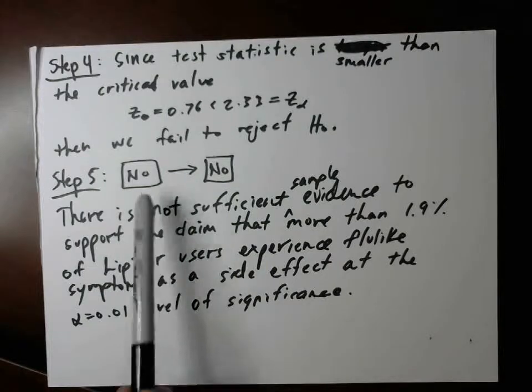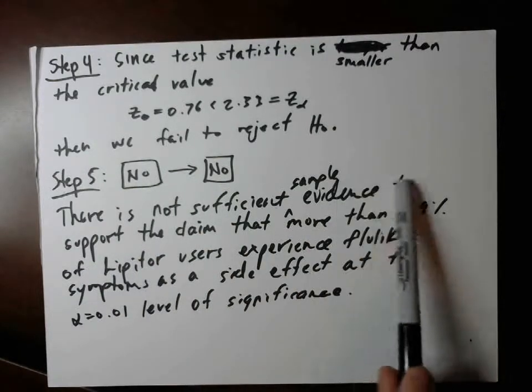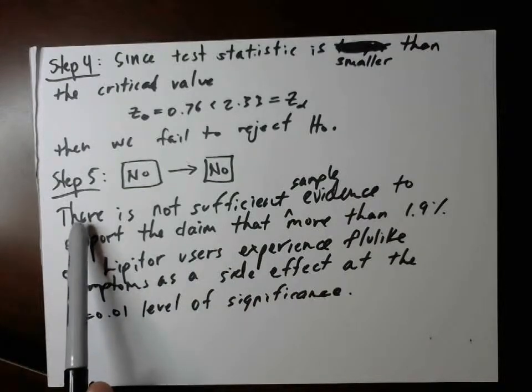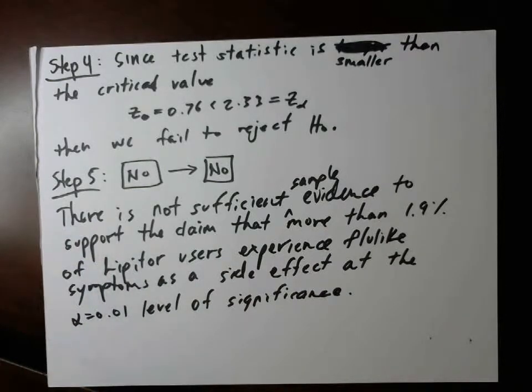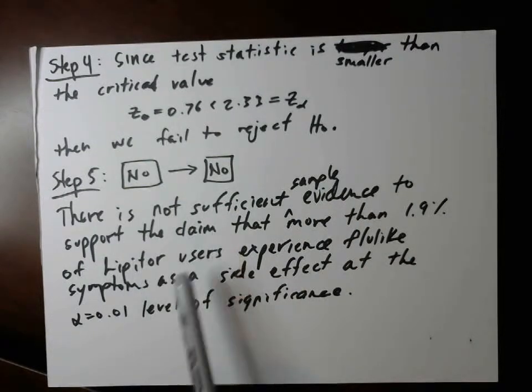And what we're prepared for is not equality. So that changes the wording a little bit. From step 2, there's not sufficient evidence to warrant rejection. And here we're saying there's not sufficient sample evidence to support the claim. A little difference of wording, but it makes a big difference to make the sentence flow correctly.